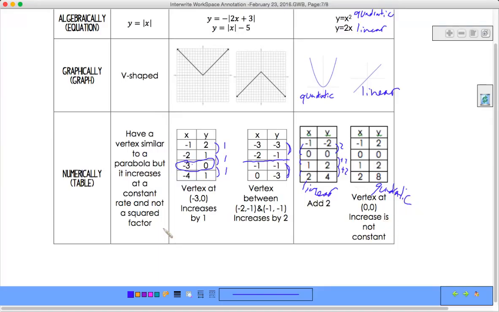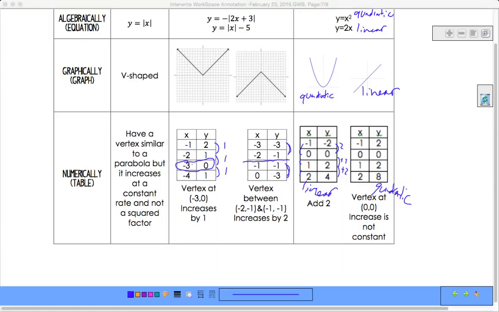Okay, the reason that they're constant, if you look here, these are really just two straight rays, almost like lines, and our lines have constant rate of change. So absolute value has a constant rate of change. It has to go up or down by the same amount from the vertex.